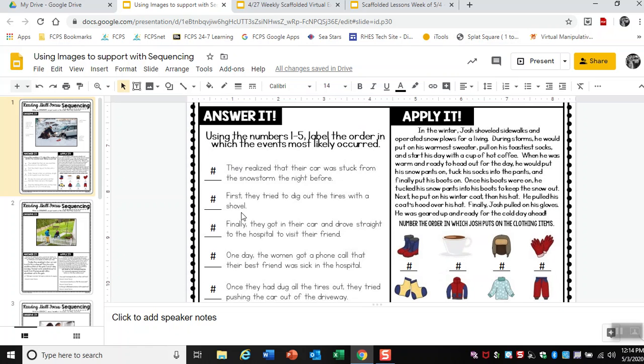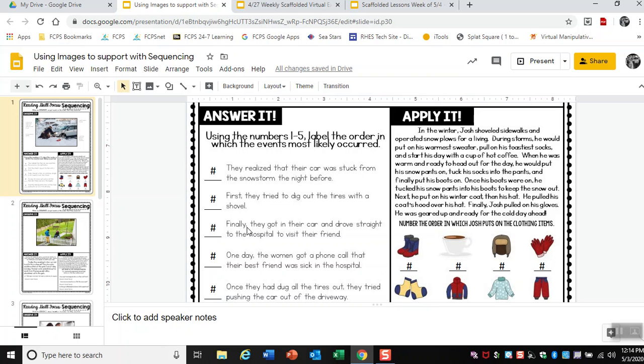So this first one here says, they realized that their car was stuck from the snowstorm the night before. So I'm thinking about that, and I'm thinking if this happened, that might be towards the end of when it happened because they might not realize at first that their car was stuck. So I'm going to keep on looking. First, they tried to dig out the tires with a shovel.